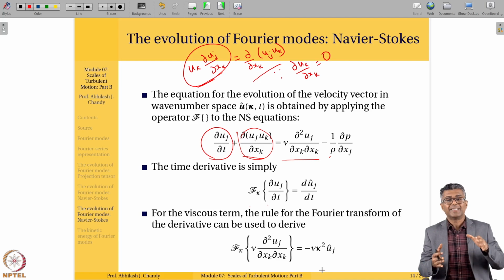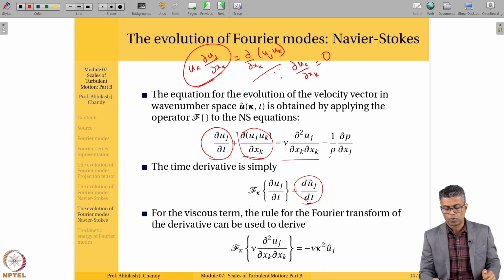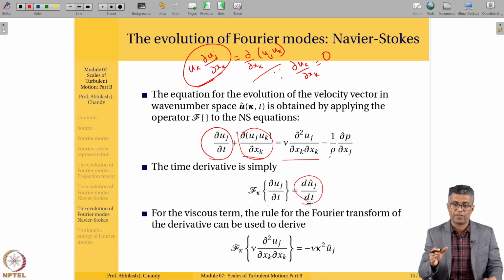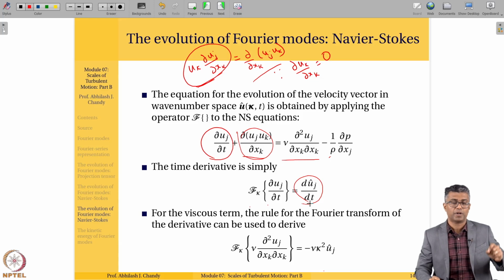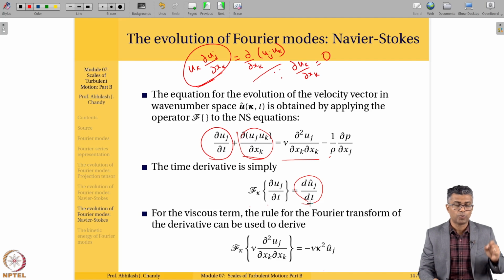So you can take the time derivative of the Fourier transform because both are independent of each other. So you can take the time derivative of the Fourier mode. That is what this is. So del t of uj hat. And since the Fourier transform only depends on wave number, for each wave number you have a uj hat, for each Fourier mode.